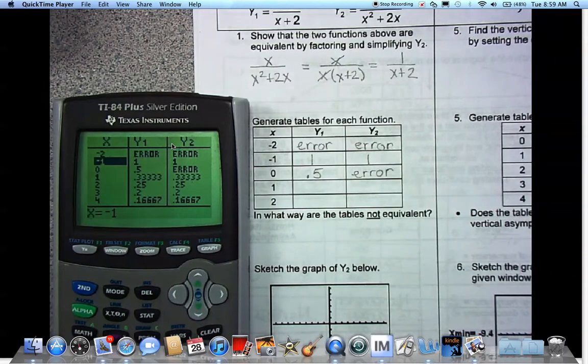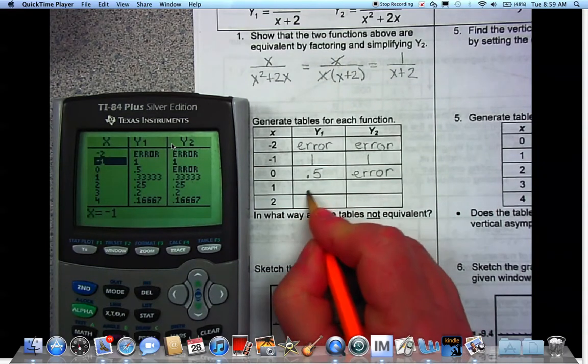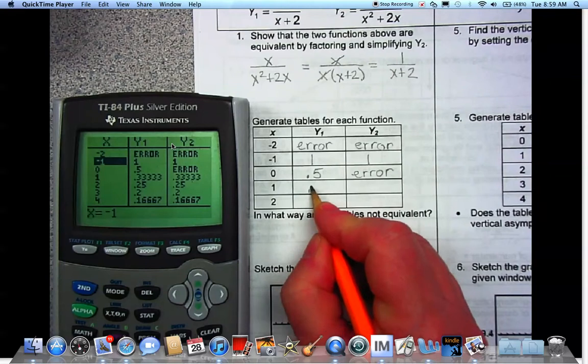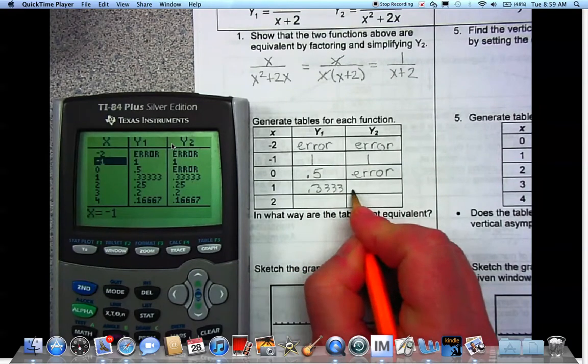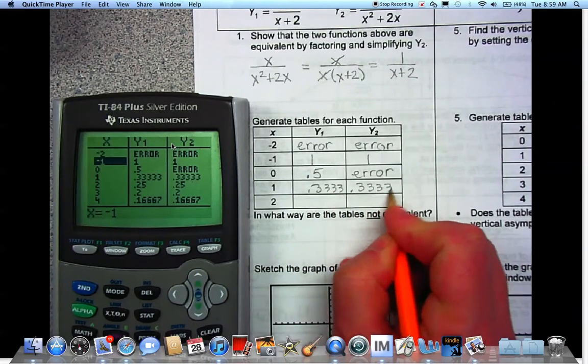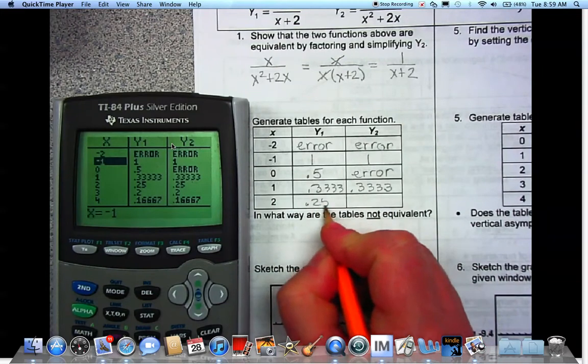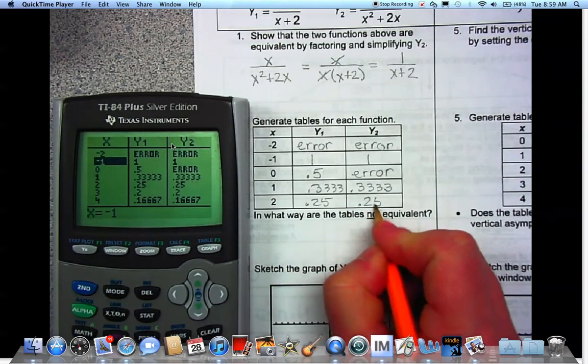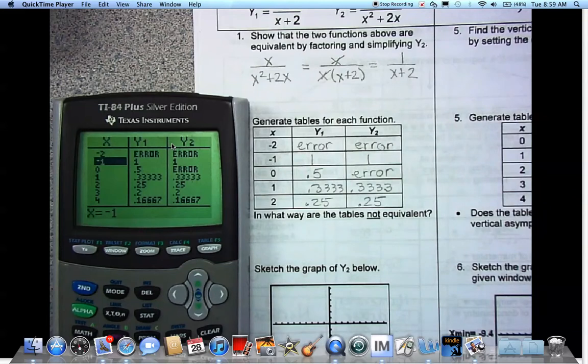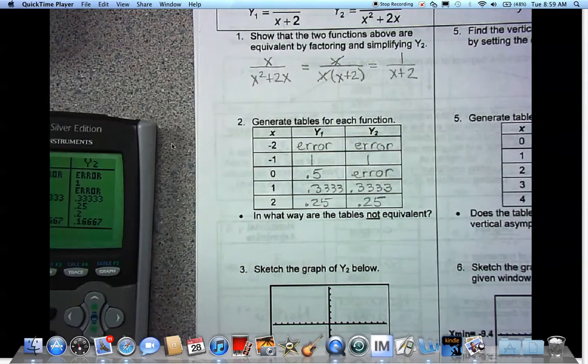Okay, so y2 has an extra error, doesn't it? Okay, then how about at 1? I'm sorry, at 3. So they're the same, and then 0.25. Okay. So the question is, why does y2 have an extra error?